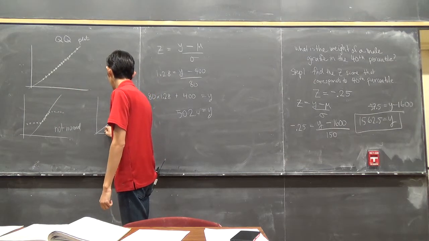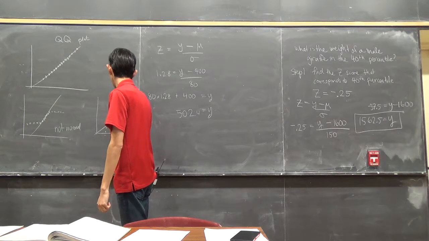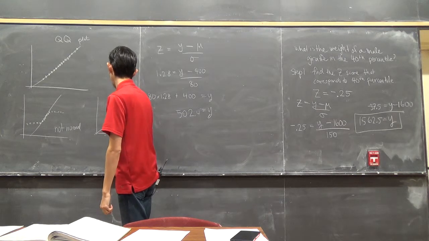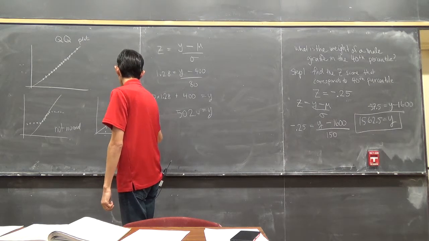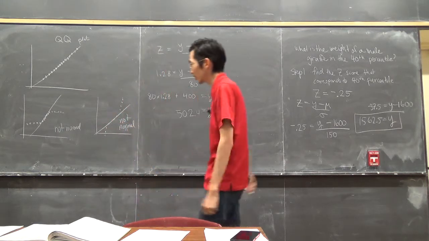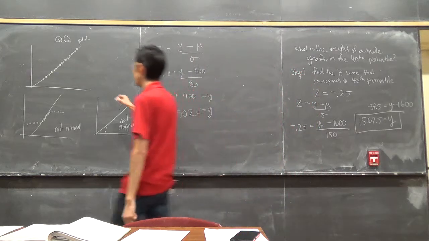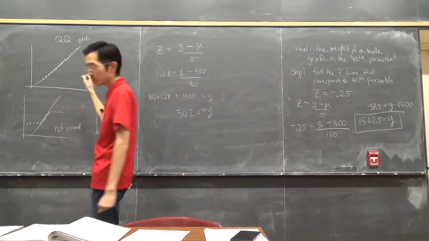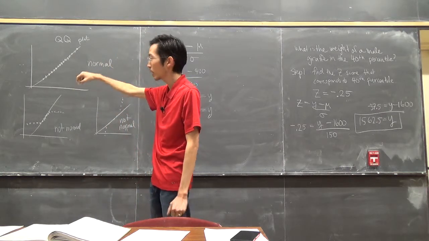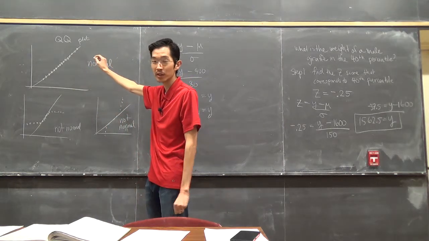And then maybe your data goes like this. Also not normal. The short of it is that a straight line means your data matches the distribution that you're testing.